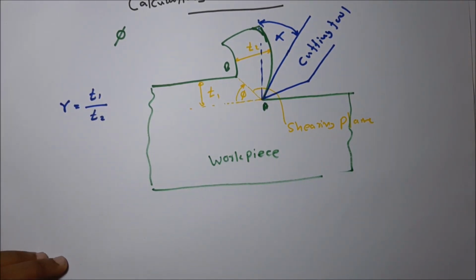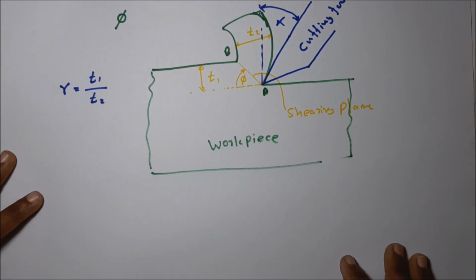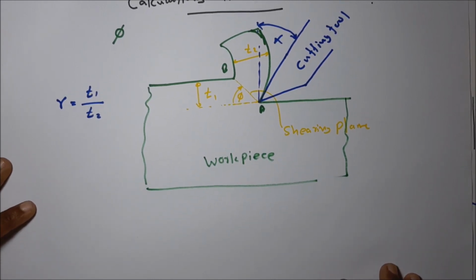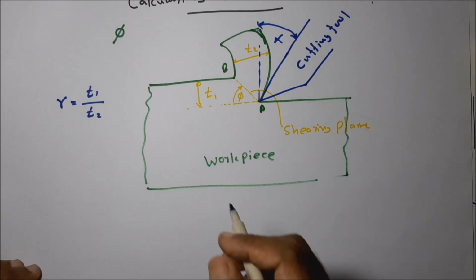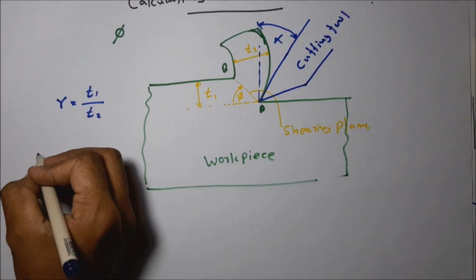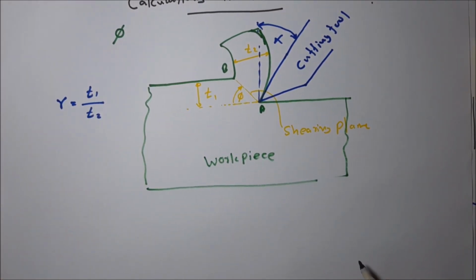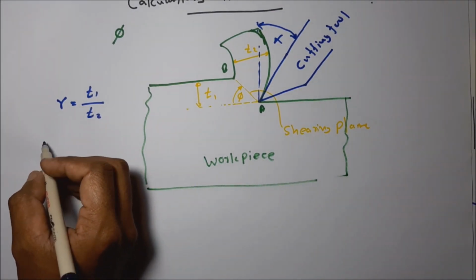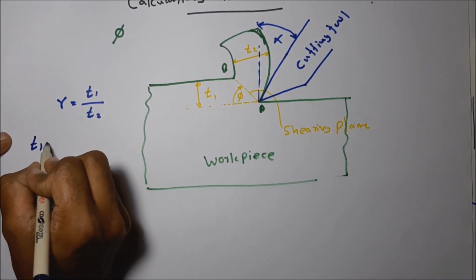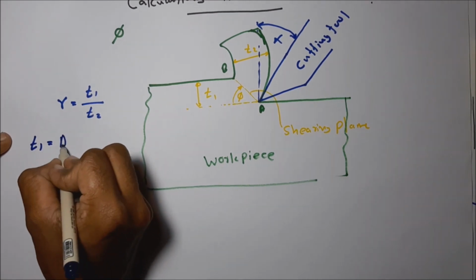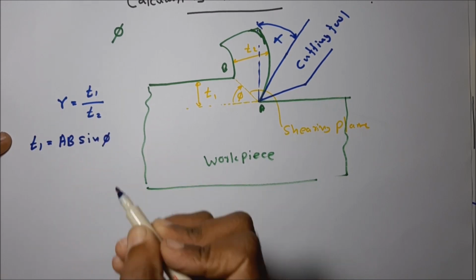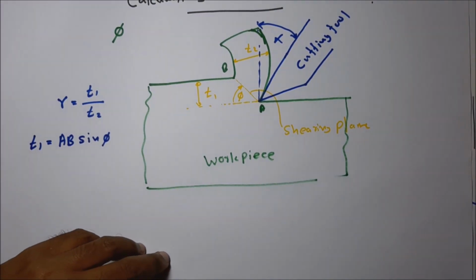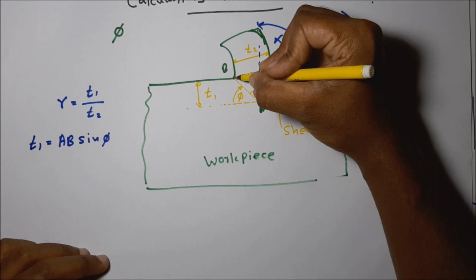Then considering the geometry of this figure, we can write two equations. t1 is equal to AB sine phi.